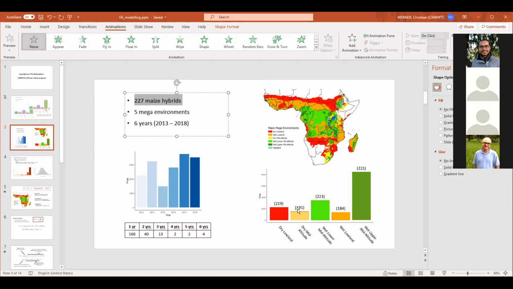And these are the numbers of hybrids which were tested within the single environment. So you can see, if this, again, is the question you had, that most of the maize hybrids were tested in all environments, at least 184. It's the CIMMYT regional trials, Joseph.